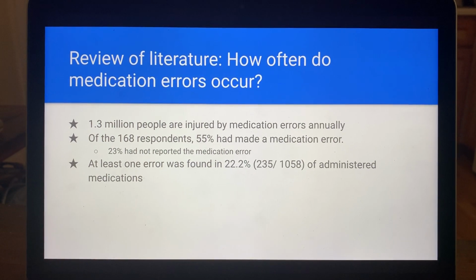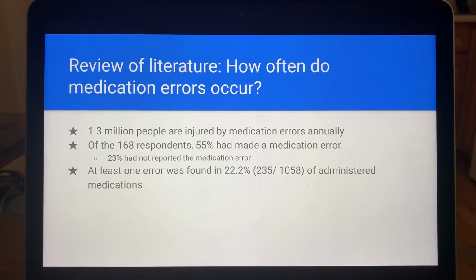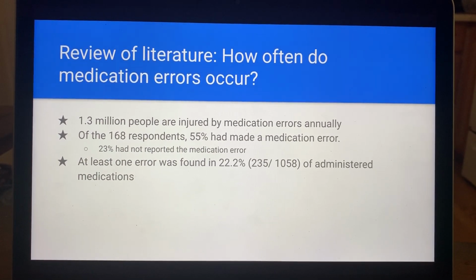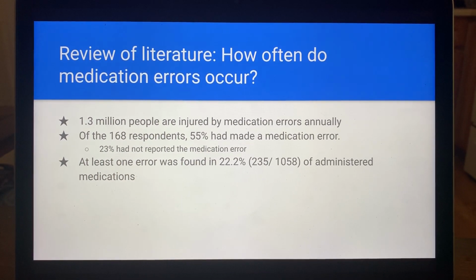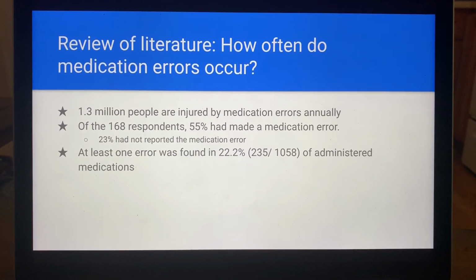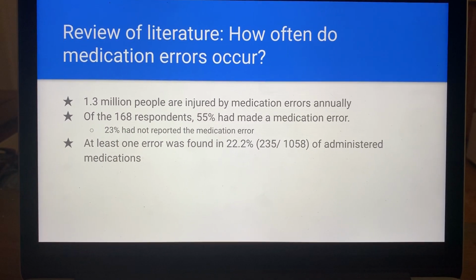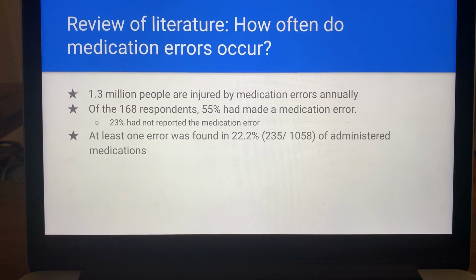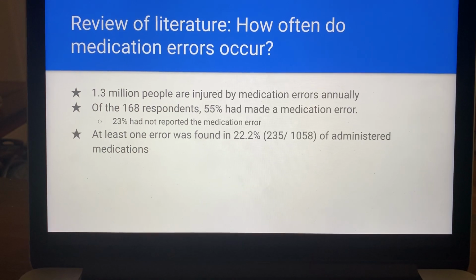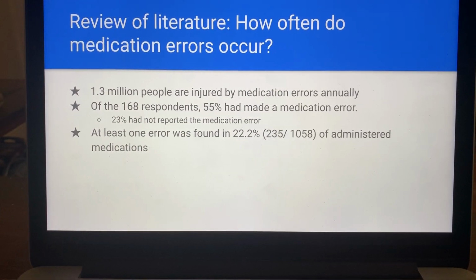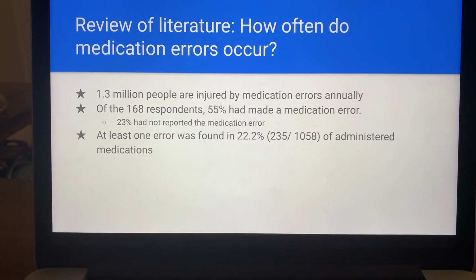Also in the articles, I found how often do medication errors occur. So it showed that 1.3 million people are injured by medication errors annually, and that's a huge number. In one of the articles, it was 168 people, and 55% of them had made a medication error, and then another 23% had not reported the error.